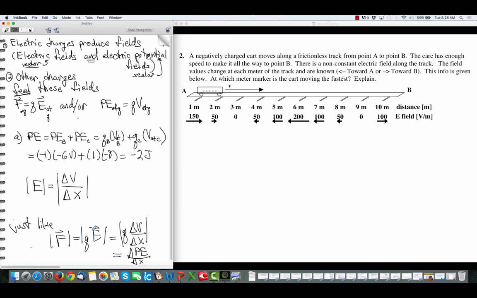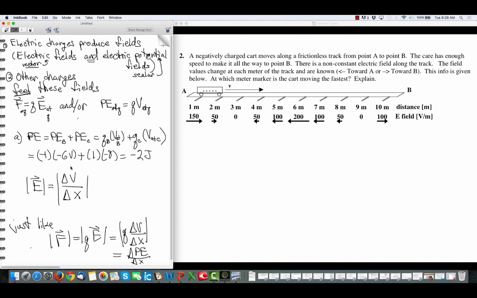But the force is related to E, and the potential energy is related to the electric potential, both by this same Q. So the magnitude of the electric field vector tells you about the gradient of the electric potential.